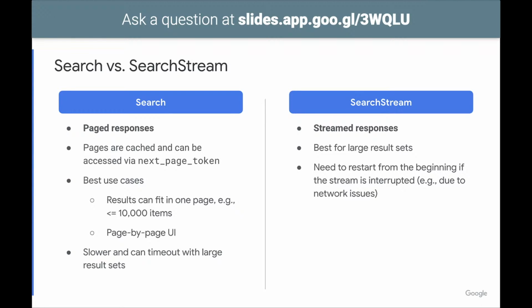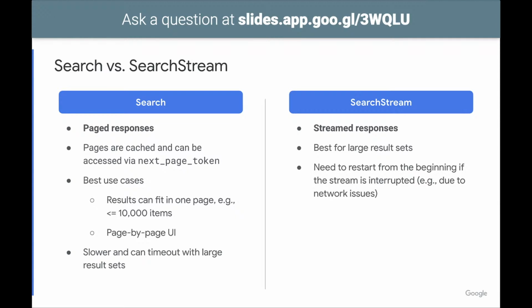So the best use cases for search are if you have a smaller result set, and that's relatively speaking, the default page size is 10,000 rows or 10,000 items. If you think that your report or your search result will be 10,000 rows or less, you can use that search method.